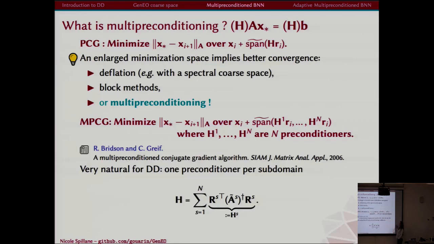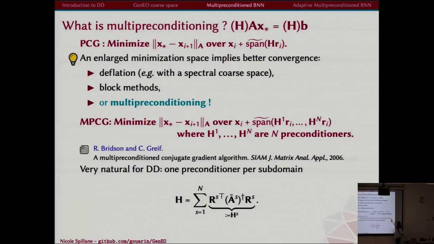The way to compute the approximate solution x_{i+1} is to minimize the error x star minus x_{i+1} over the space that is the previous approximate solution plus all the vectors spanned by these preconditioned residuals. So you're doing the same procedure, except you have a larger minimization space, and of course the tilde says, again, we are going to orthogonalize.